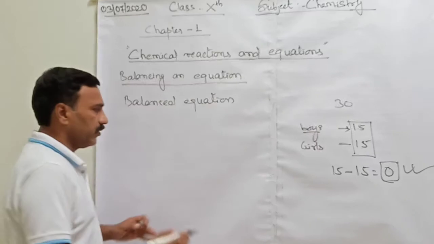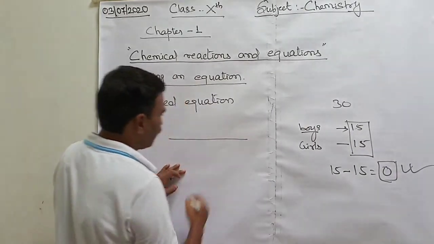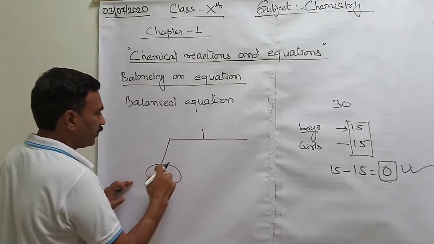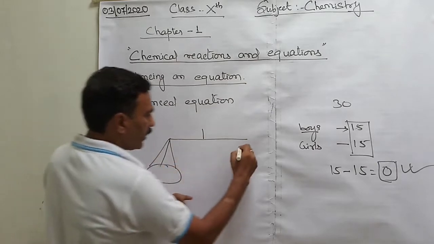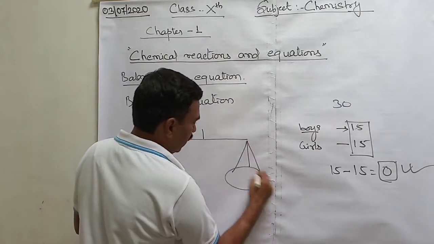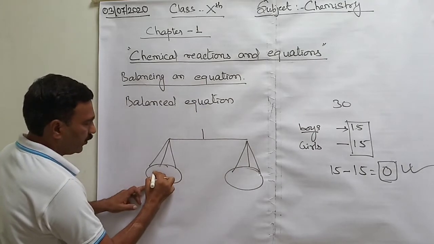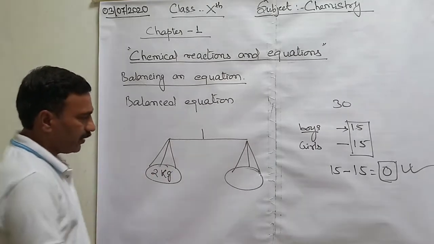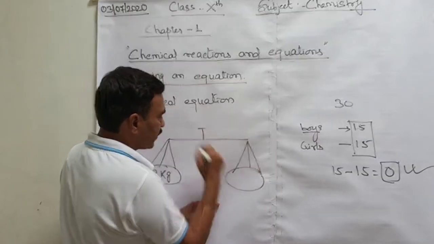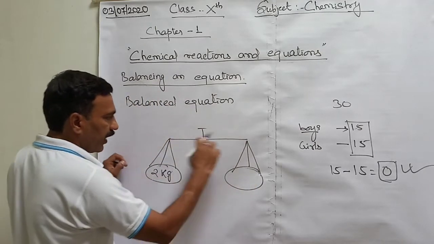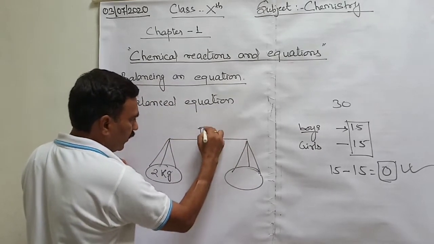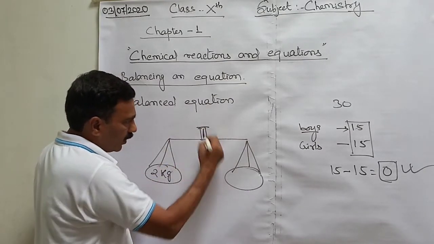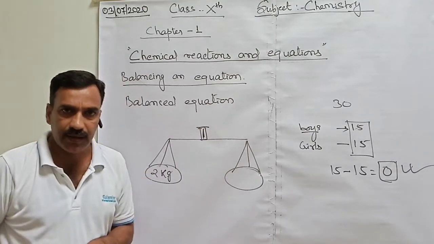Similarly, suppose you are going to a market to purchase something. The seller gives you items. I am drawing a simple balance. Here he keeps a mass, suppose 2 kg, and here he keeps putting the substances until this line, the fulcrum, becomes straight, that is, level. Until then it is not balanced.